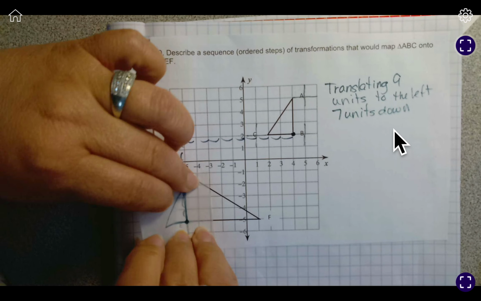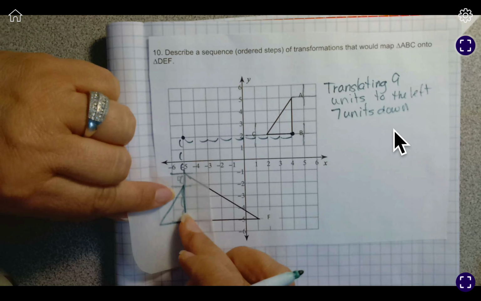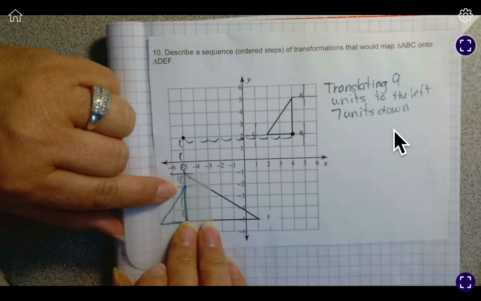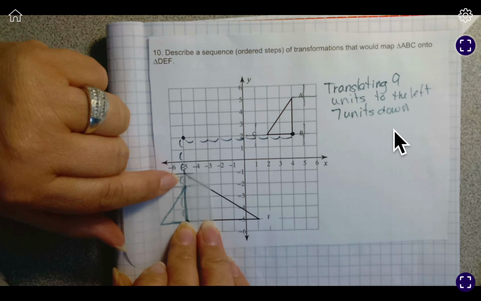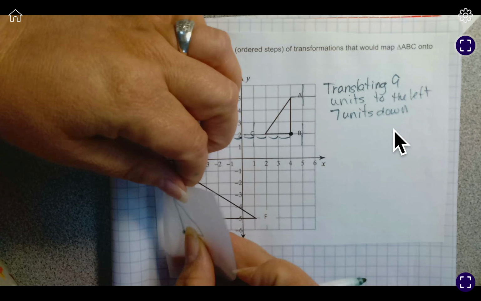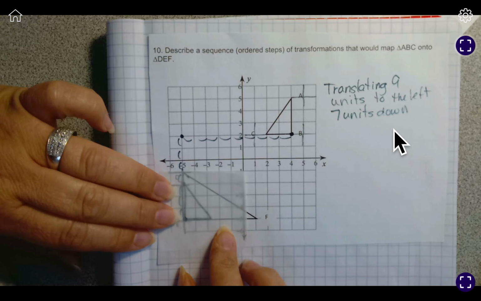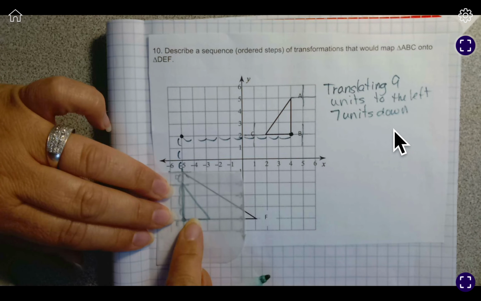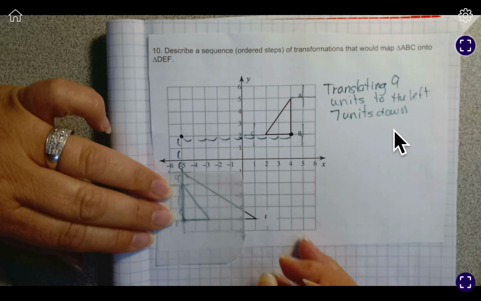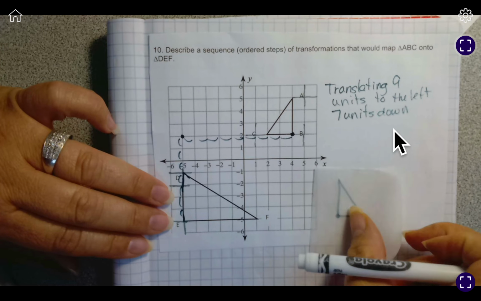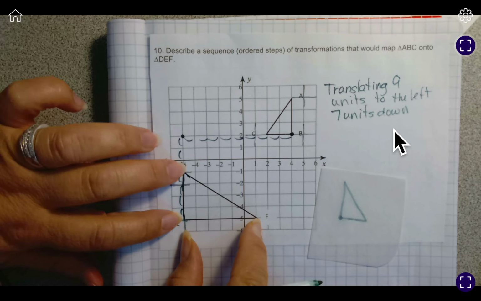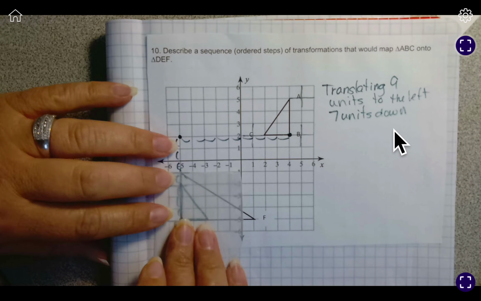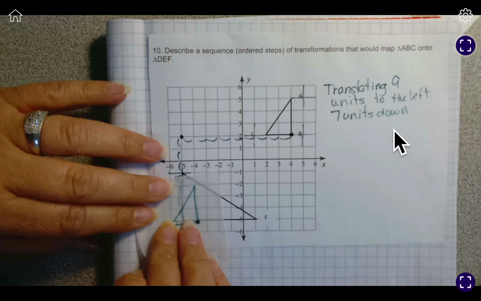If I reflect it across this line here, where x equals -5, if I reflect it here, that doesn't look right, because if you look at this triangle, do you see this is longer and this is the shorter side? This is the shorter side and this is not matching. So reflecting didn't work. Okay, so that's not going to work.